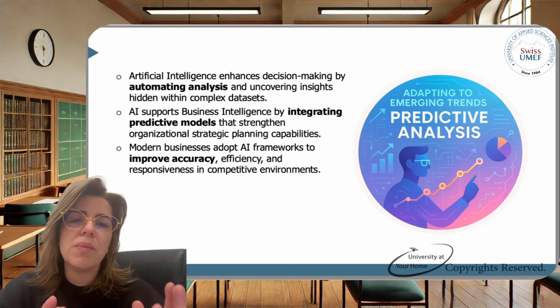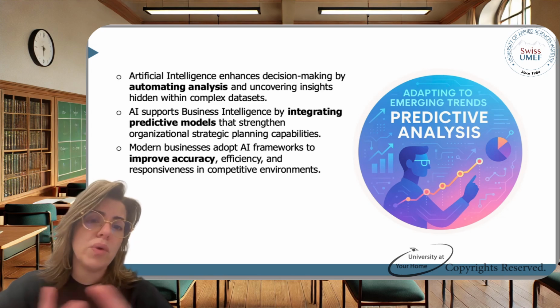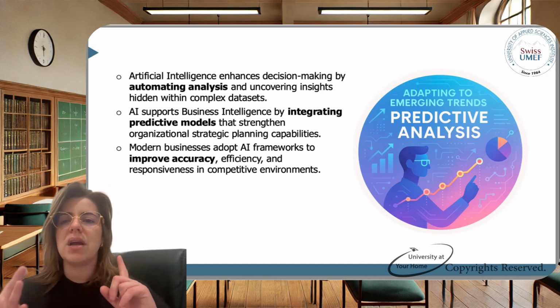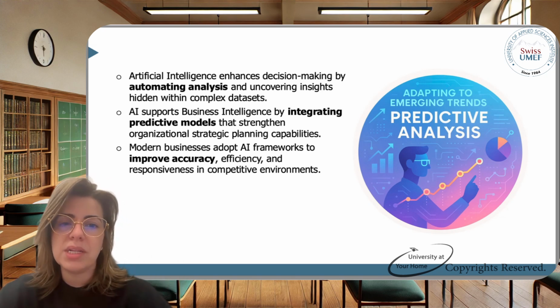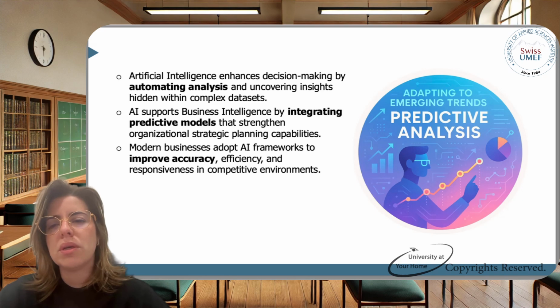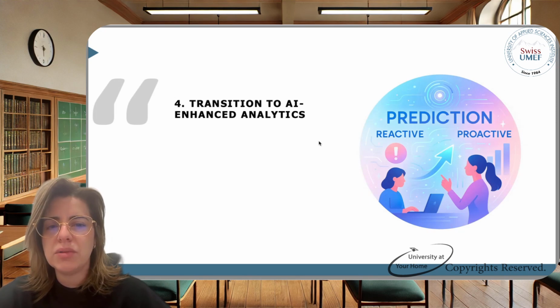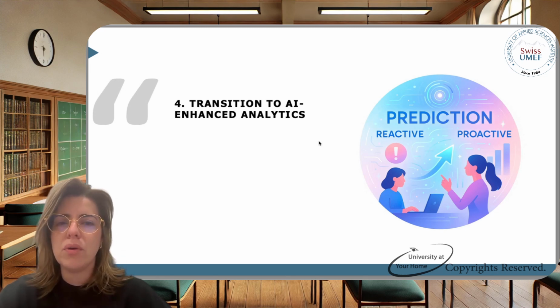Modern businesses adopt these AI frameworks to improve three things: accuracy, efficiency, and responsiveness. In a competitive environment, these three things determine if you win or lose. They are three important domains to evaluate our business and our business workflow.